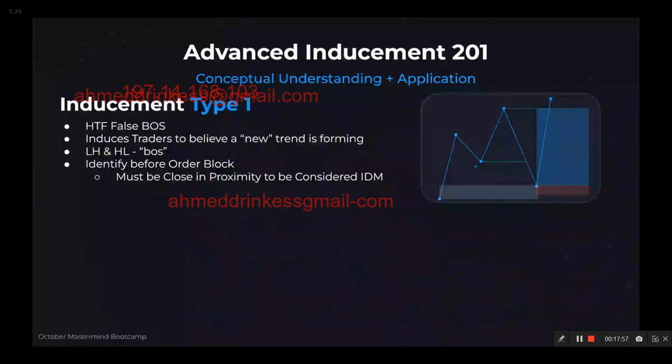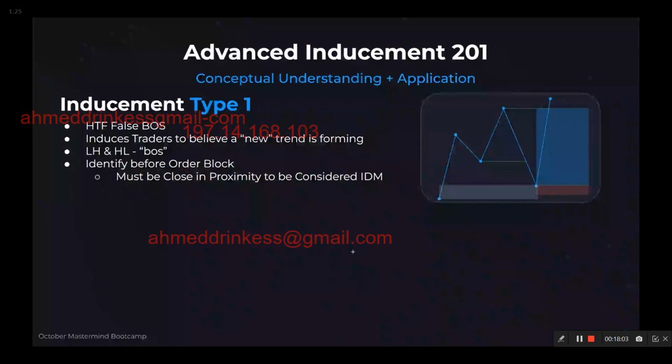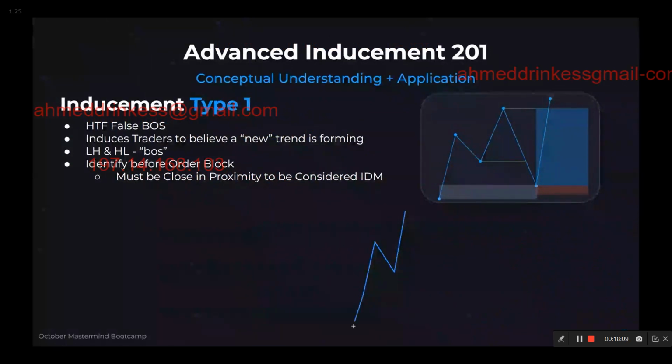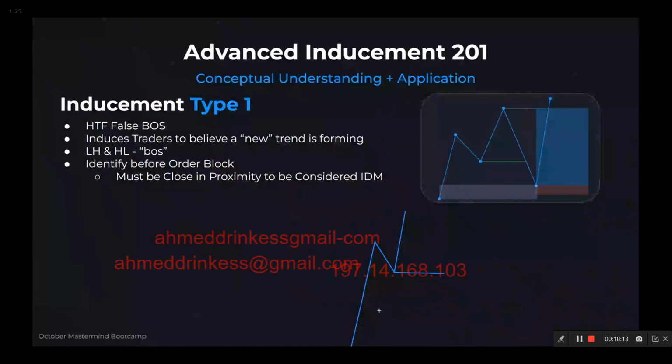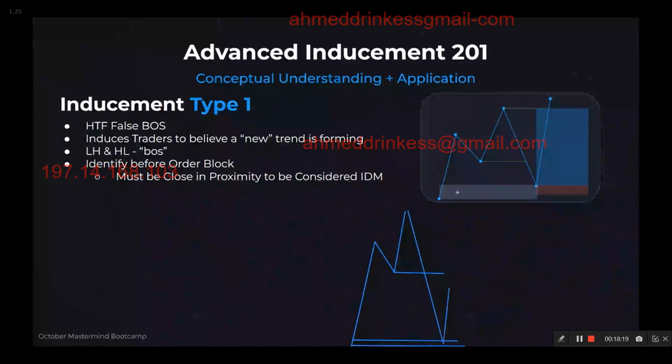Also, the inducement needs to be, relatively speaking, close. If you have something on the chart that looks like this, and you have this all the way down here, and you say this is an inducement, yes, it is. But let's say your order block is all the way down here. Do we really think that price is just going to go all the way down and then go up?